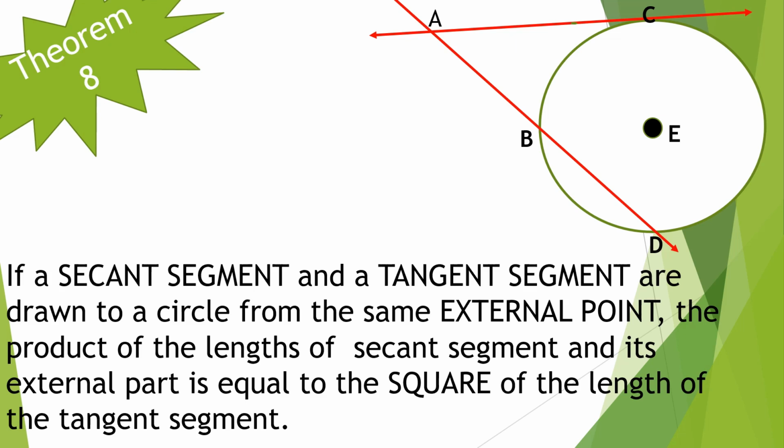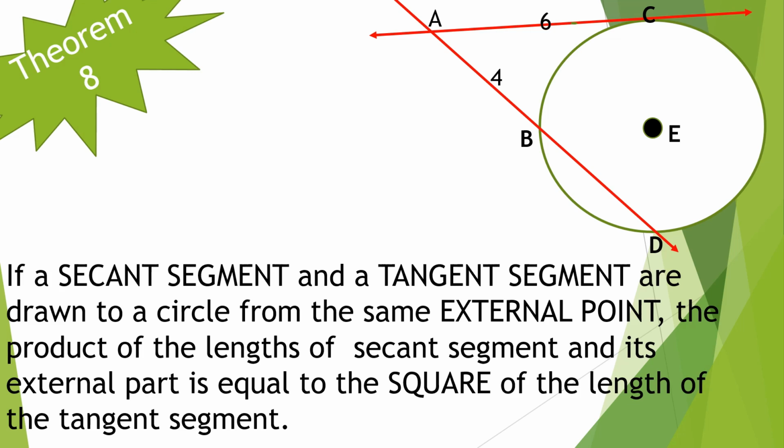So how do we solve for the lengths of the segments? The product of the lengths of the secant segment AD times its external part, which is AB, is equal to the square of AC, which is the tangent segment.